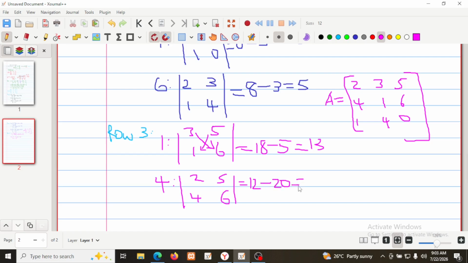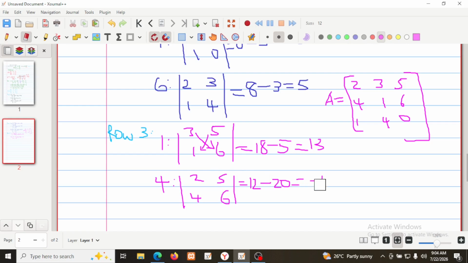This one will give you, so you can use your calculator, we have negative 8.